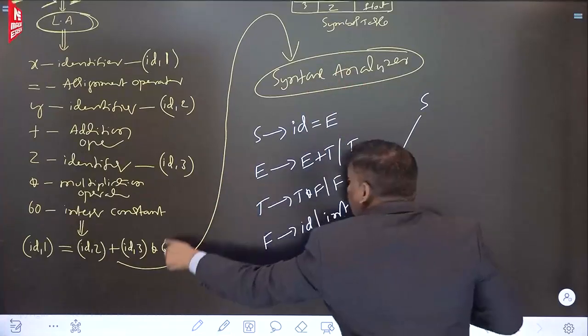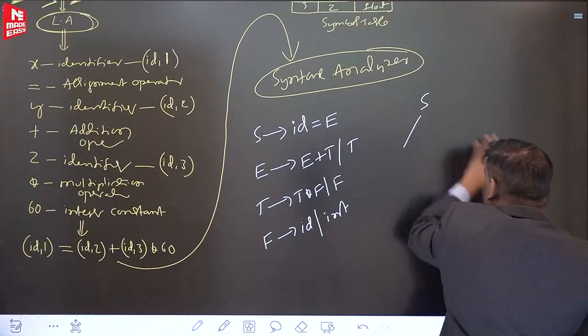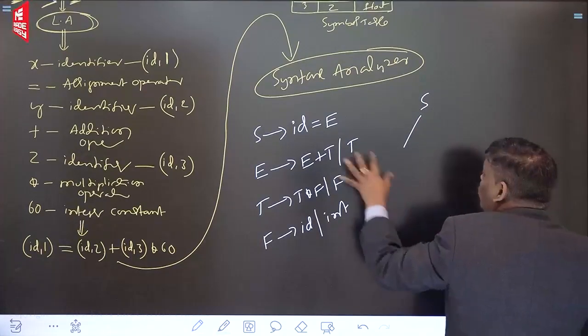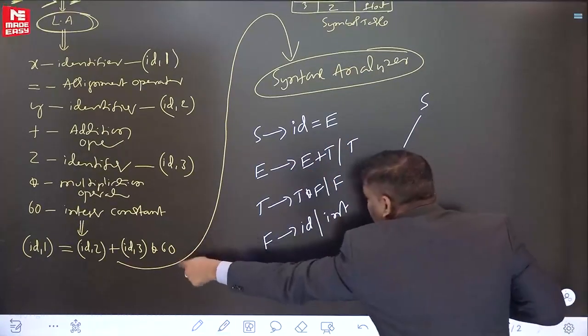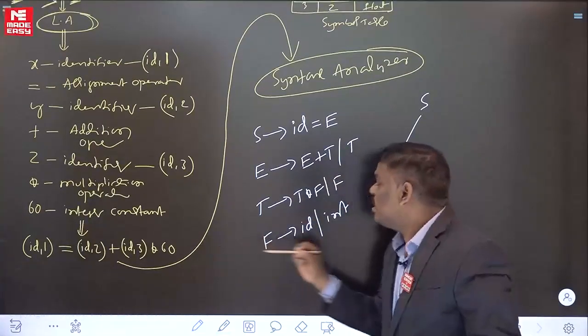The syntax analyzer's input is going to be a token string. What is the output? The output is going to be a tree. Using this grammar, can I generate this string or not? Let me check. I will try.